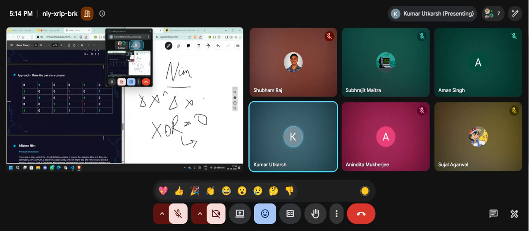And now what happens? If the XOR sum is 0, all moves have been perfectly matched, and the second player wins as he mirrors all the moves and is the last one to pick, right? Or else, if the XOR is not equal to 0, the first player wins.